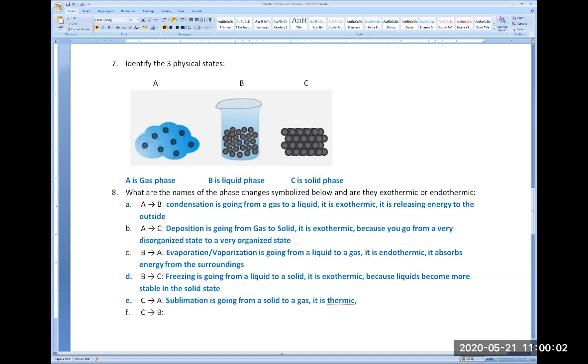And so is it exothermic or endothermic, going from a solid to a gas? Yes, you need a lot of energy for this. It absorbs energy from the surroundings.